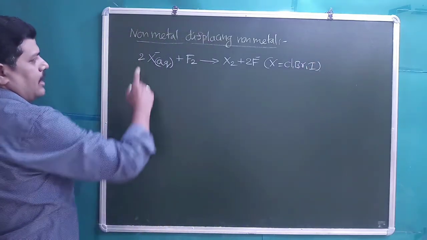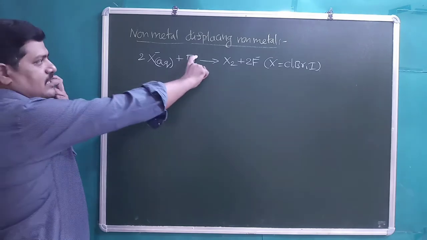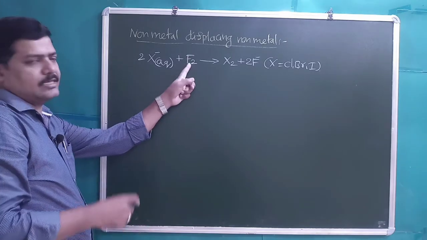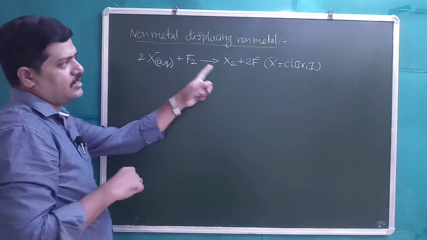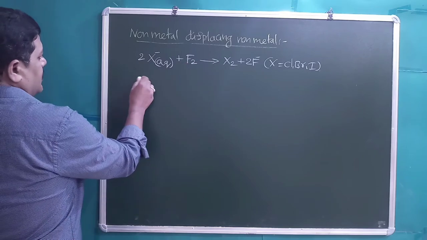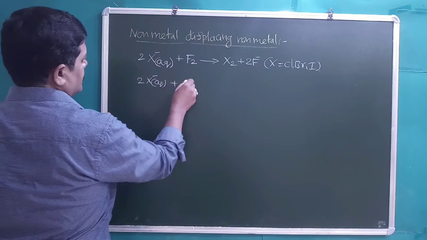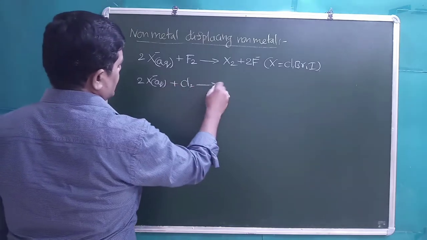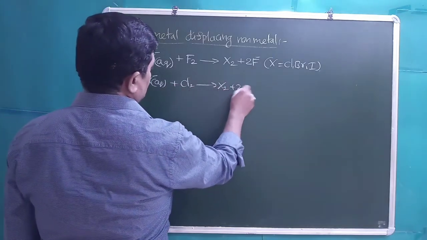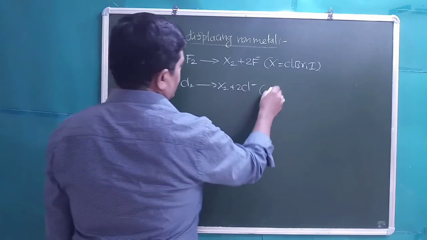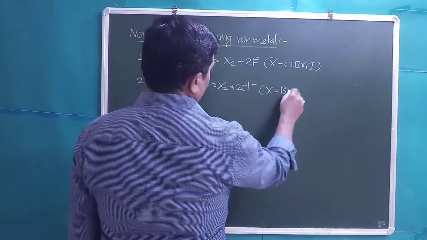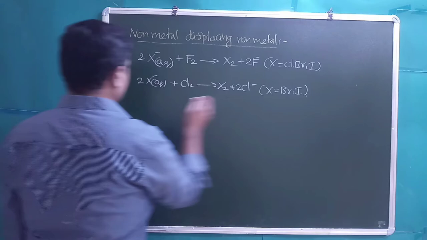So a non-metal is displaced by another non-metal which is more reactive. Fluorine is more reactive than chlorine, bromine, and iodine. And 2X minus aqueous plus Cl2 gives rise to X2 plus 2Cl minus. Here X may be bromine or iodine.